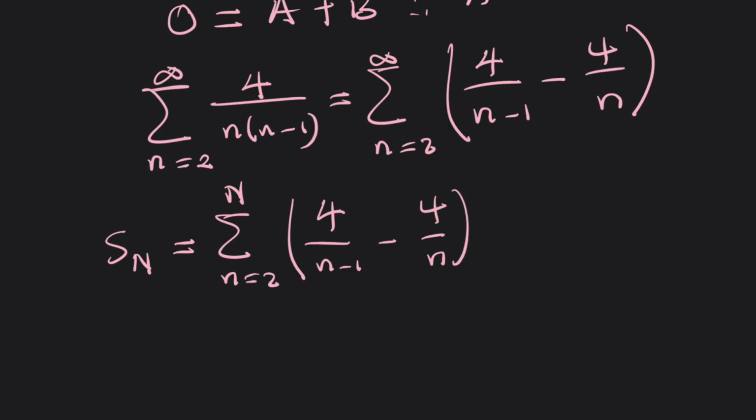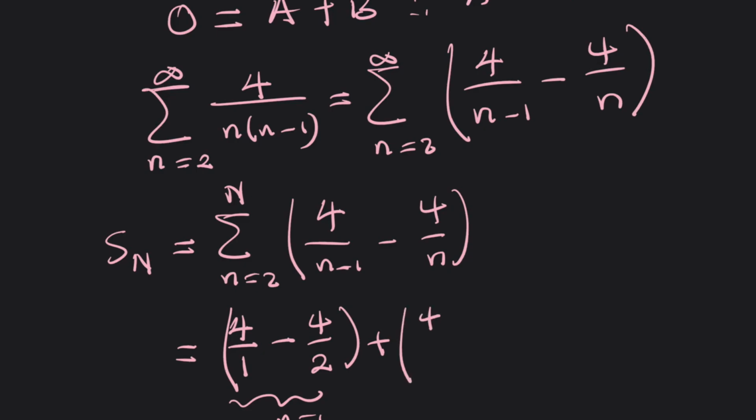Now let us go ahead and start expanding. Remember, n starts from 2. So when n is 2, we have 4 divided by 1, because 2 minus 1 is 1, then minus 4 divided by 2. Then we are adding, because this is a partial sum. So when n is 3, this is 4 divided by 2, then minus 4 divided by 3.